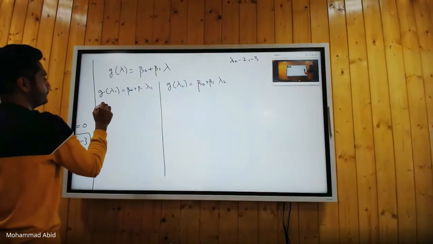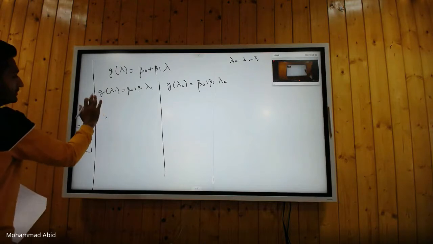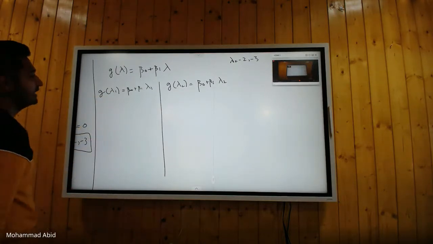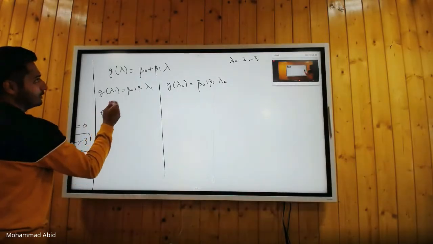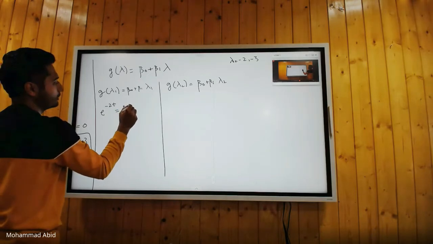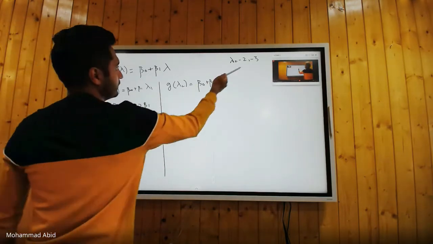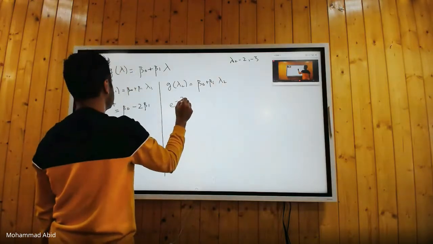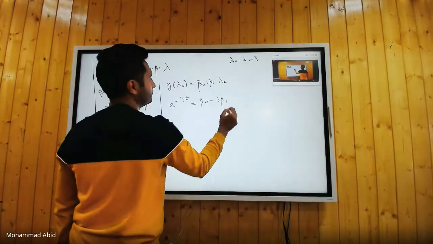Substituting minus 2 first. And what's the function? We are finding e to the power At. You have to keep that in mind. So e to the power lambda t with lambda minus 2: e to the power minus 2t is beta naught minus 2 beta 1. For minus 3, e to the power minus 3t is beta naught minus 3 beta 1.